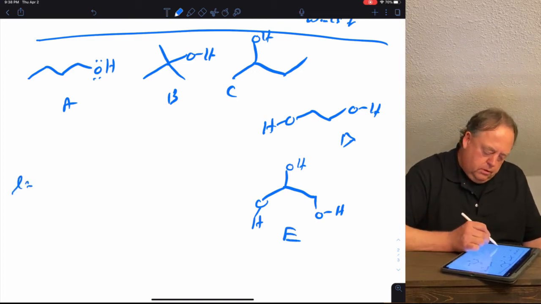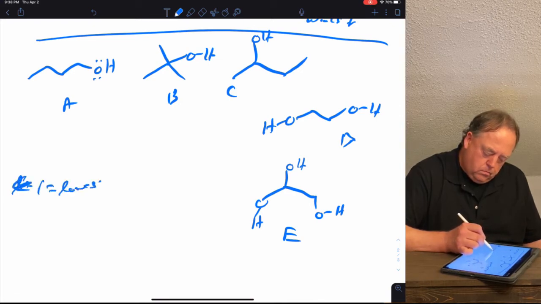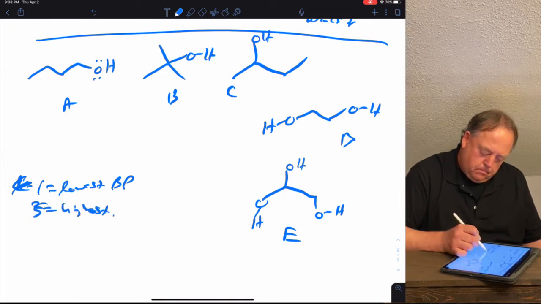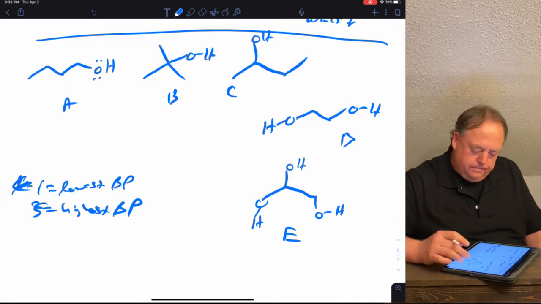So 1 equals lowest boiling point, and 5 highest boiling point.